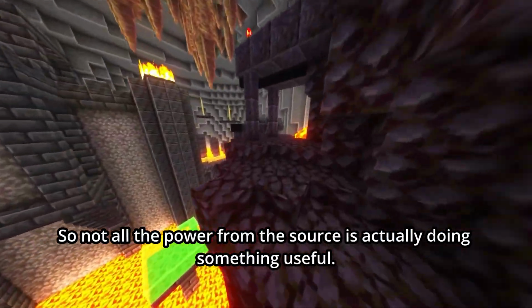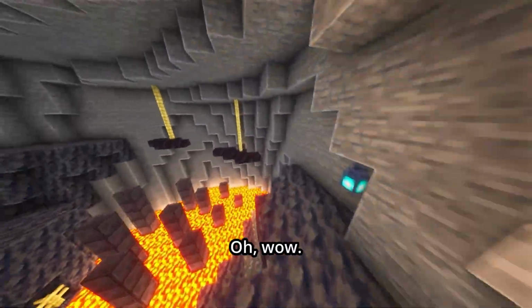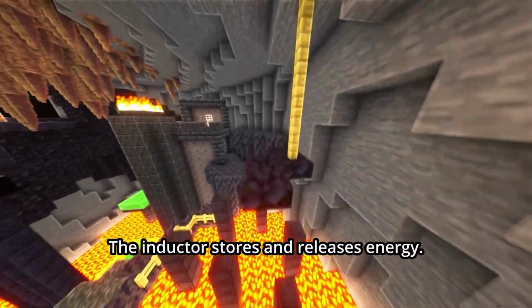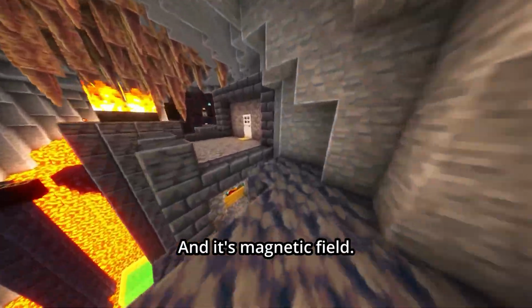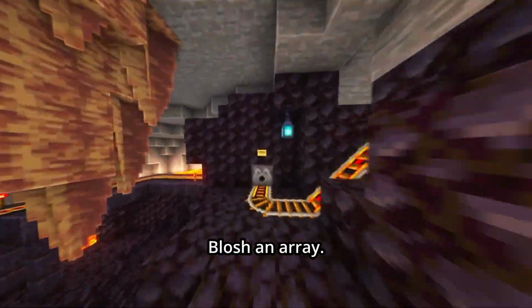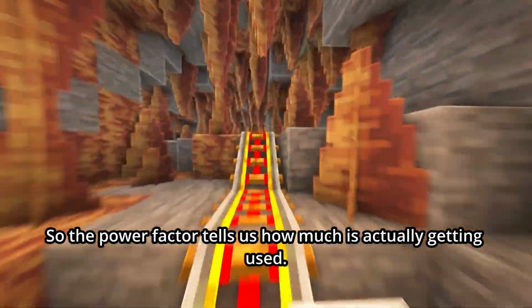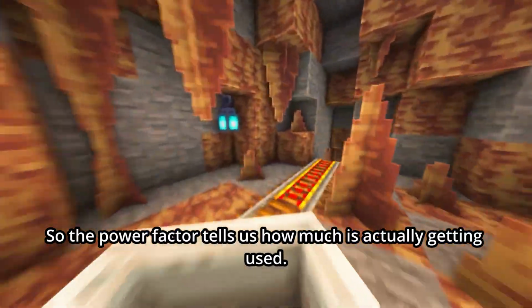So not all the power from the source is actually doing something useful. That's right. The inductor stores and releases energy in its magnetic field, so some of that power is just sloshing around, not really doing any real work. So the power factor tells us how much is actually getting used. That's a good way to put it.